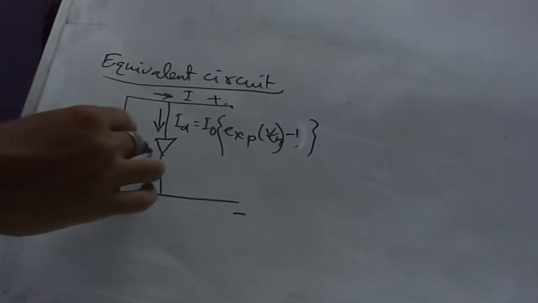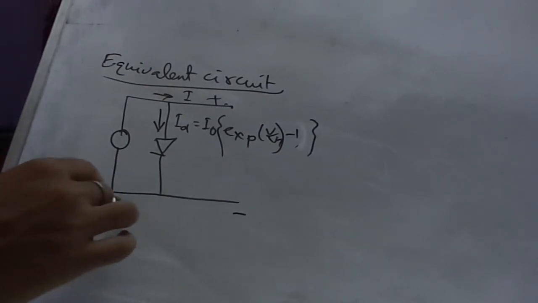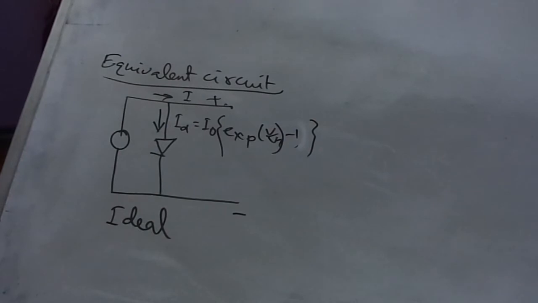So this one is the equivalent circuit of the solar cell, that is the ideal case. The ideal and practical equivalent circuit of the solar cell. Here ISC is no longer equal to the light generated current IL.